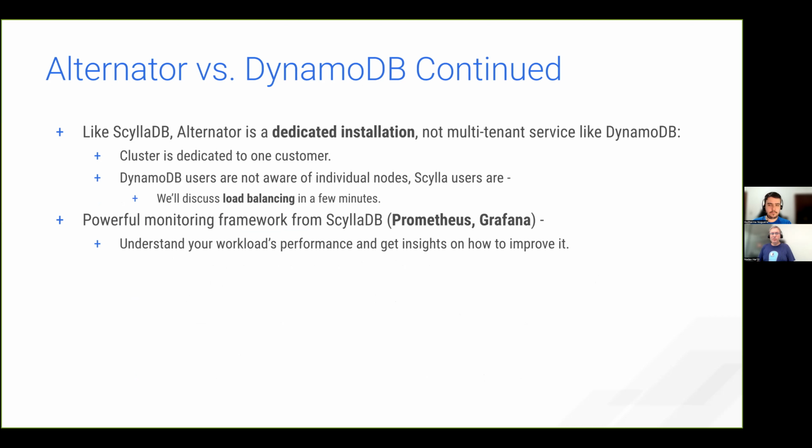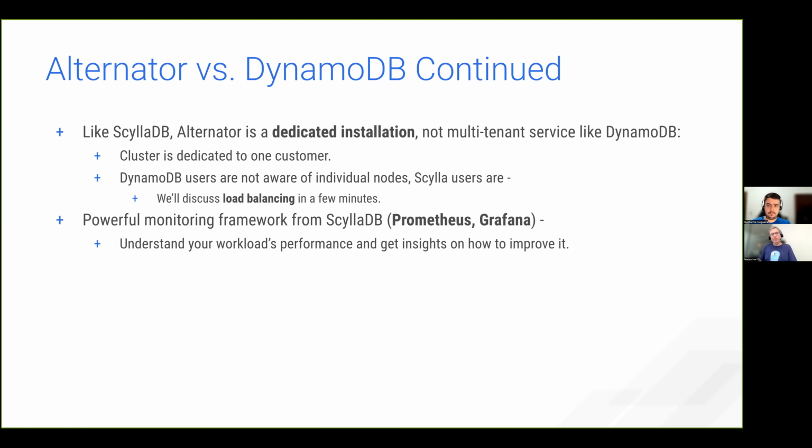Other differences that you should know about: like Scylla, Alternator is a dedicated installation. You have to set up a cluster, either yourself or a managed cluster, but this is your own cluster, and it's not a multi-tenant service like DynamoDB. The cluster you choose is dedicated to you.